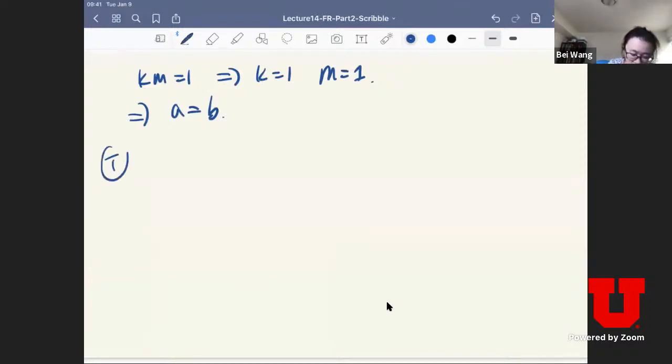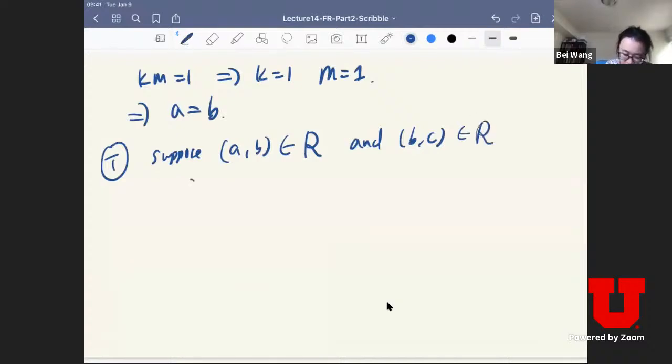Next thing I want to show is whether this relation is transitive. So suppose we have AB that is in the relation and BC is in the relation. We want to show AC is in the relation.